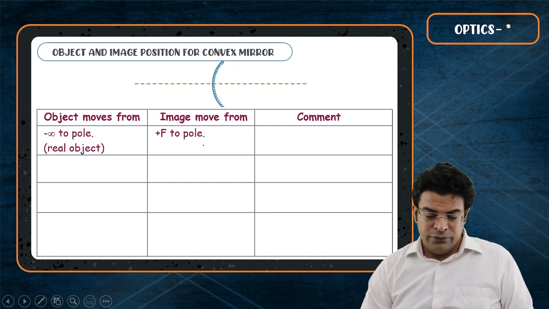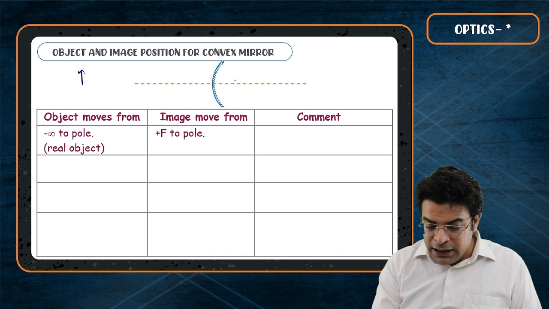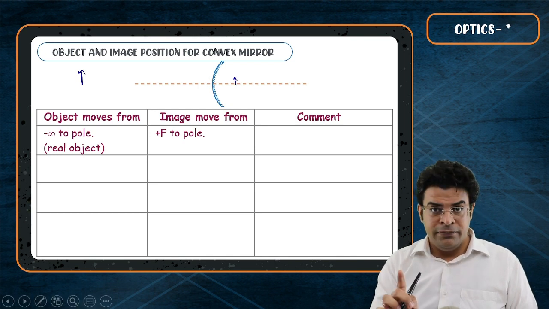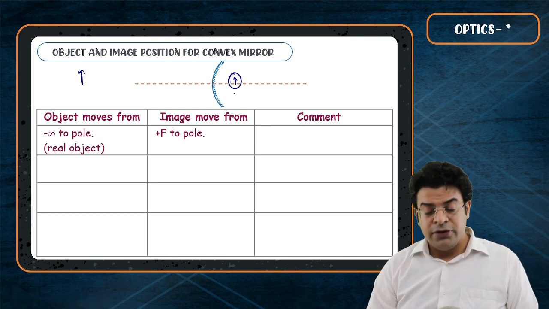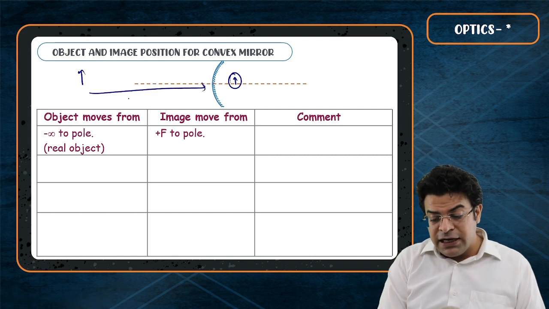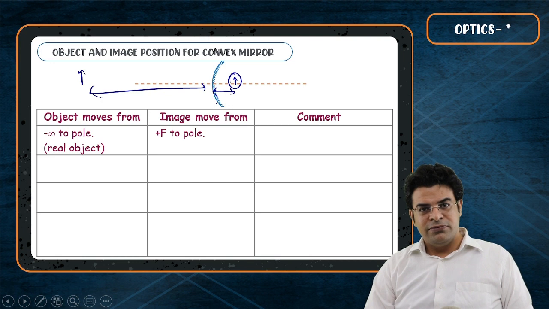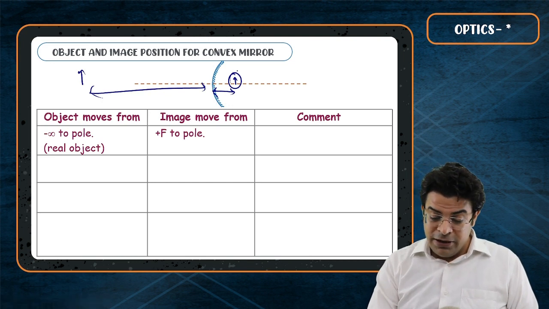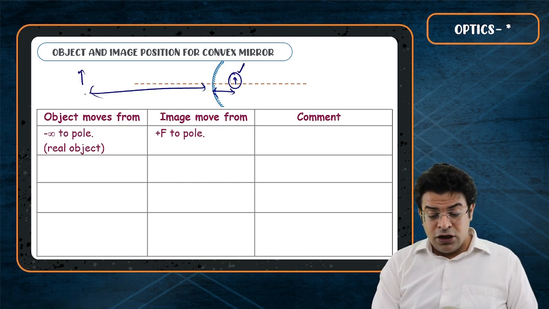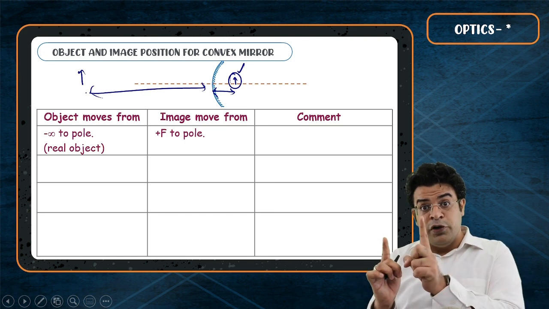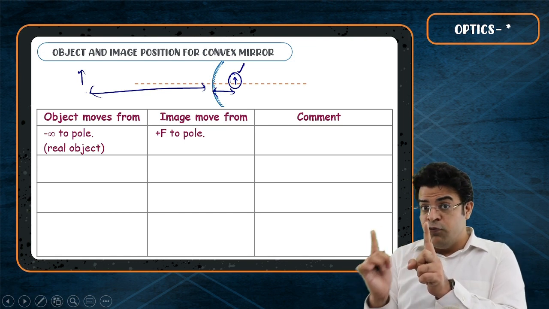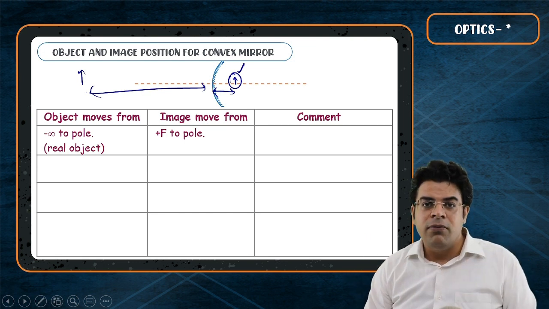What can we say? As the object and image are on different sides, the image will be erect. As the distance of the object is more and the image is less, the image will be diminished, and the image is virtual. And since the object moves a greater distance from infinity to pole and the image moves only from focus to pole, the object must have more velocity.